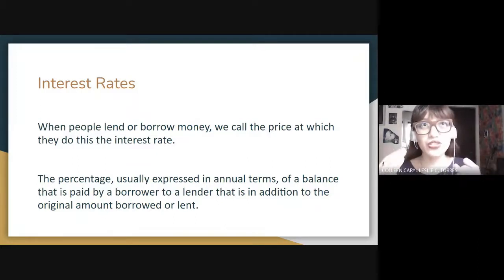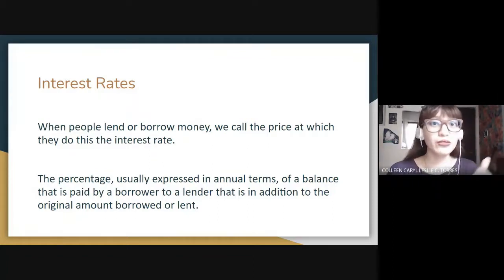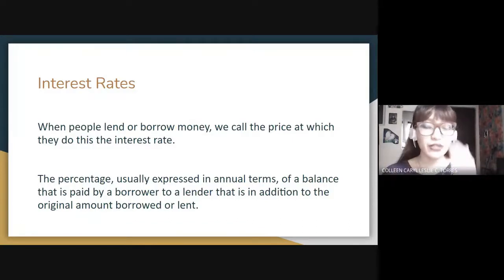Or if your parents borrowed money from a cooperative, some cooperatives give loans to people, or from a credit card, which also has an interest rate.